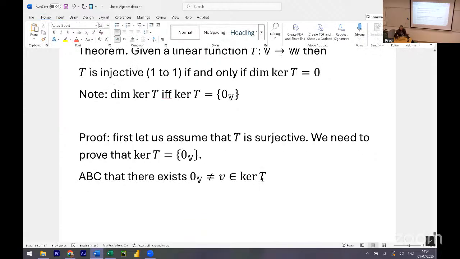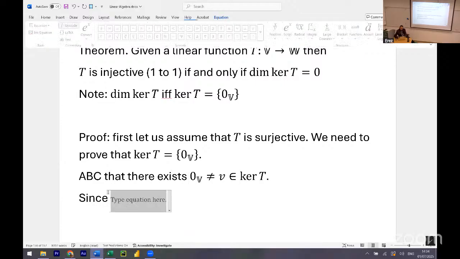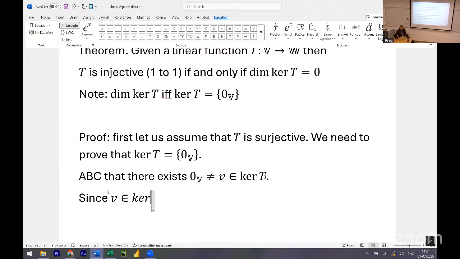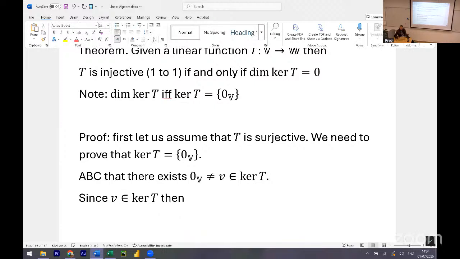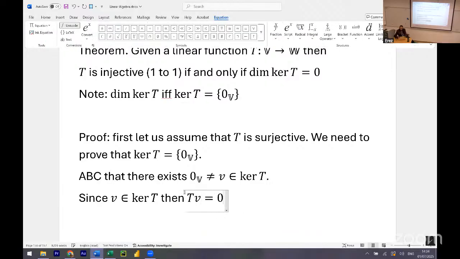What does it say that the vector is within the kernel? Since v is an element of the kernel of T, then T of v is equal to 0, right? What's the problem with that?